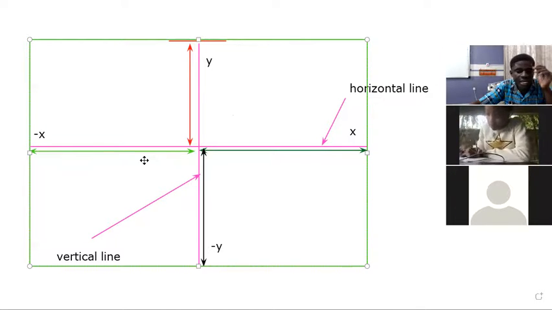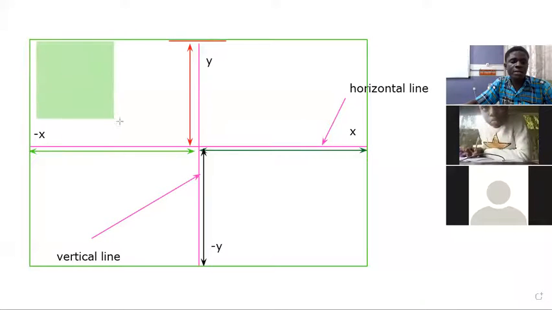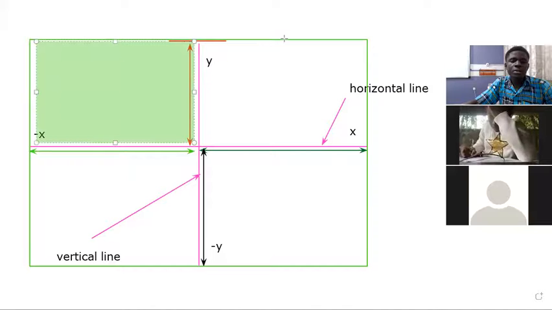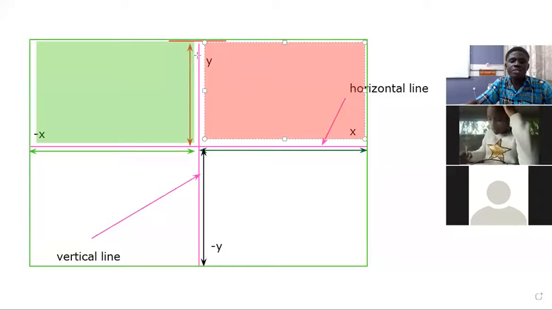No. Okay. So if you look at the block very well, you can see we have 4 areas. This area, and then this area. We have this area. We've divided the box into 4 areas.